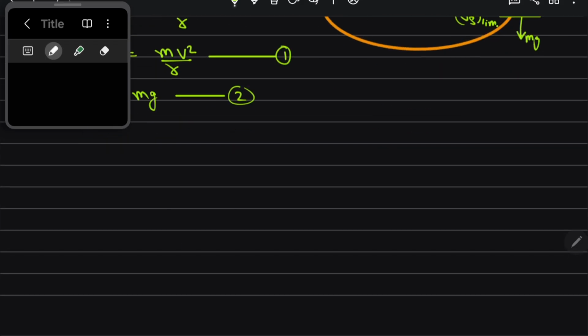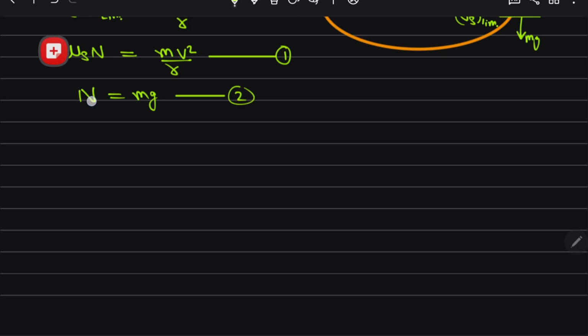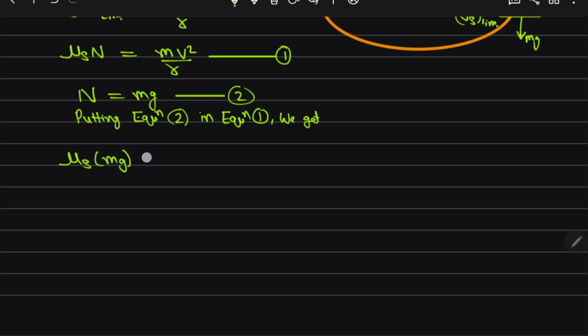Putting equation second in equation first, we get mu s into mg is equal to mv square by r. M cancels, so this comes out to be v square is equal to mu s g r.